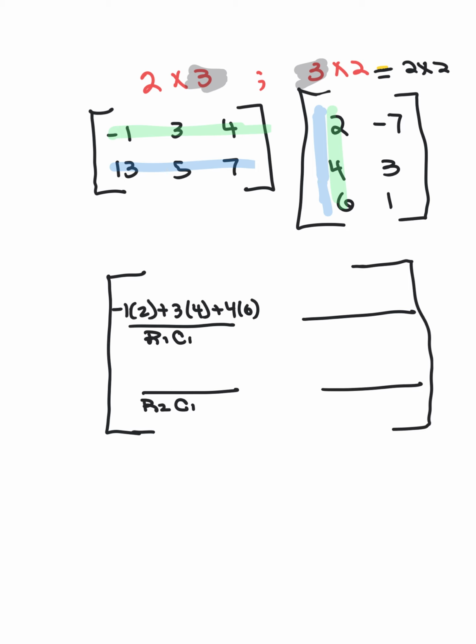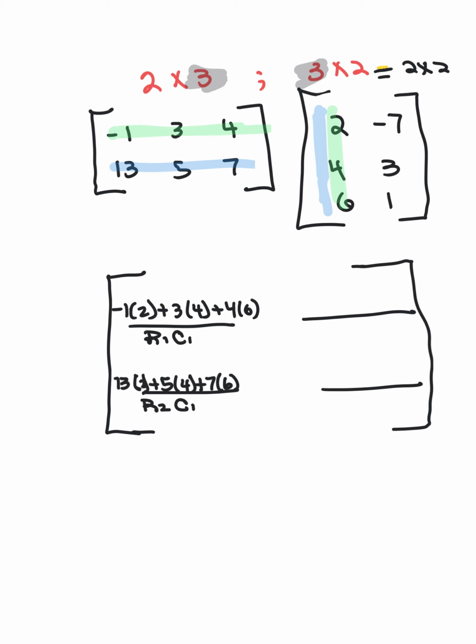Okay, let's go back here. I'm multiplying row 2, so it's going to be 13 times 2 plus 5 times 4 plus 7 times 6.